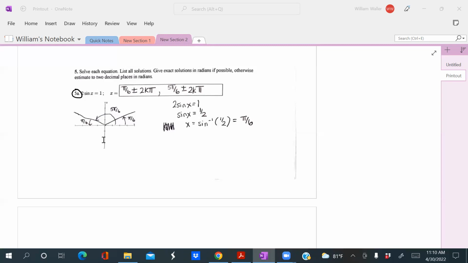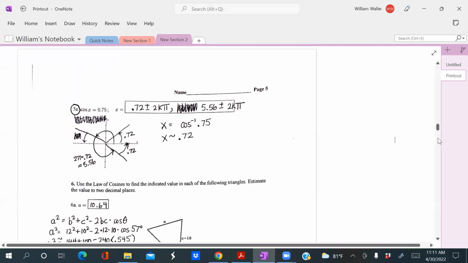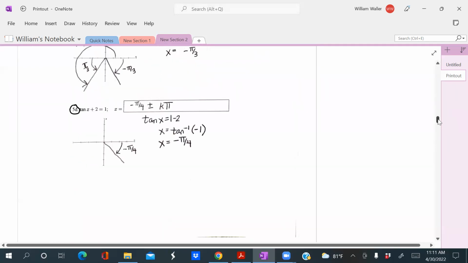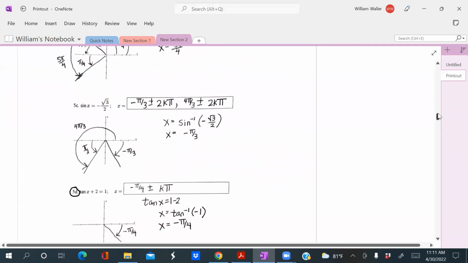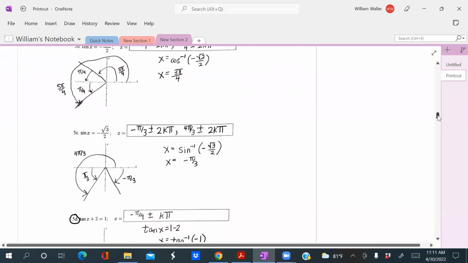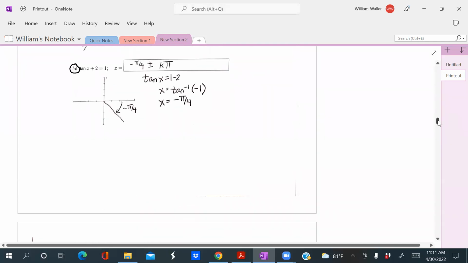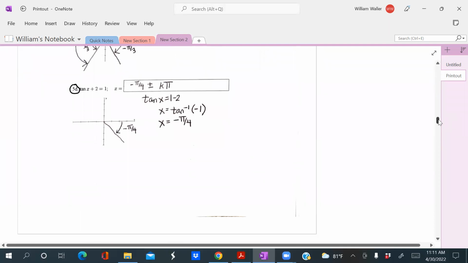All right, let's try another one then. Let's get down here. I can scroll. Thought I could scroll. Oh yeah, there we go. All right, so let's skip down to this one, D. Now, this equation involves tangent.